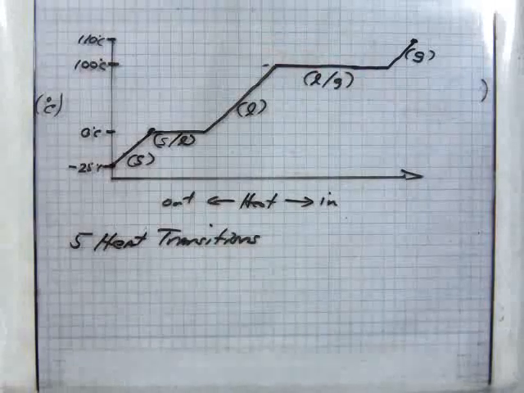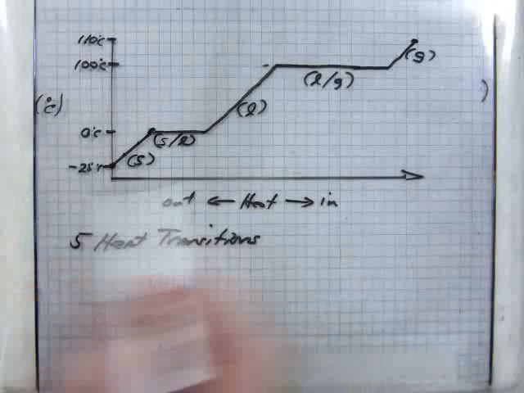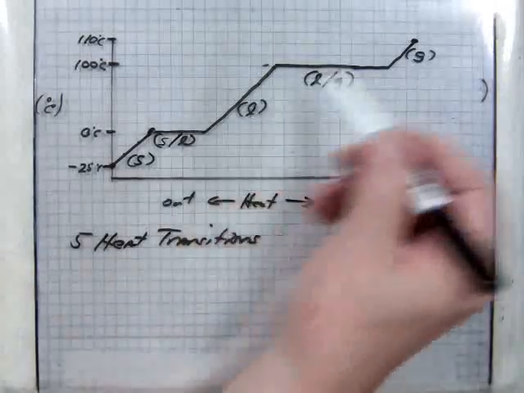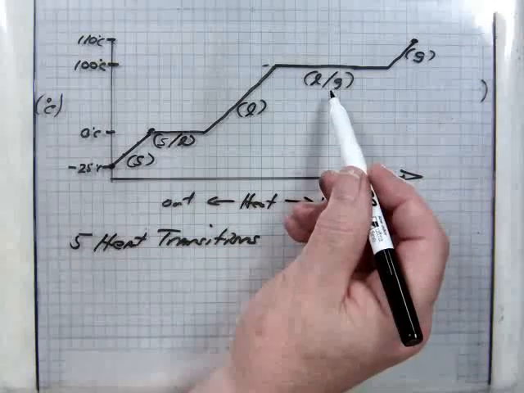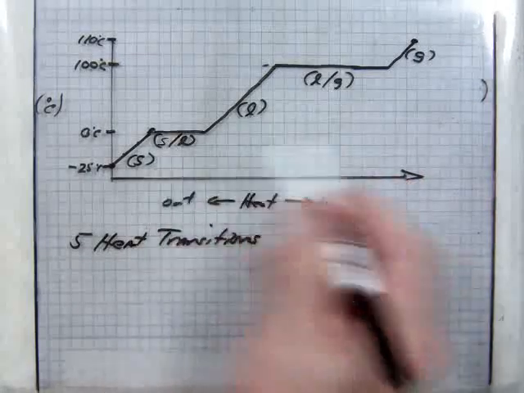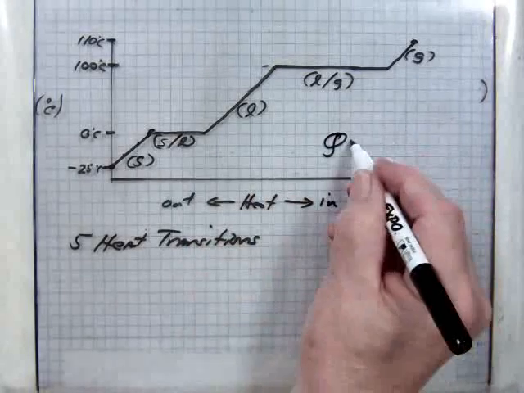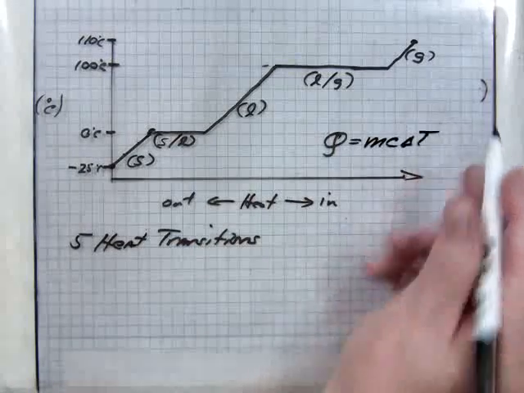Now, this gives rise to only 2 equations you need to solve this problem. One for the temperature change regions and one for the phase change regions. And so the Q, what I'm going to use for heat flow, is equal to MC delta T, your first equation.